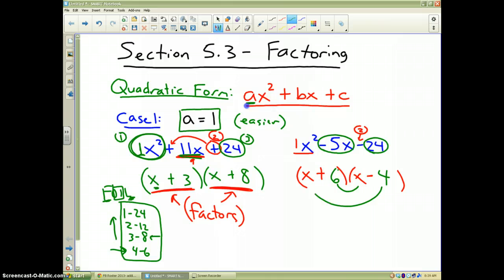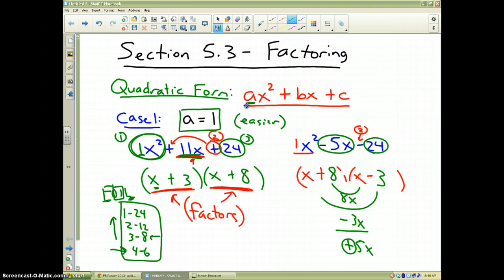And if I try that, this becomes positive 6x. This is negative 4x. Now that doesn't work either. That's 2x. So my 6 and my 4 don't work. I've got to try something different. So now try 8 and 3. Okay, check the rainbow. This is 8x. This is negative 3x. Oh, that makes positive 5x. Oh, I want negative 5x.